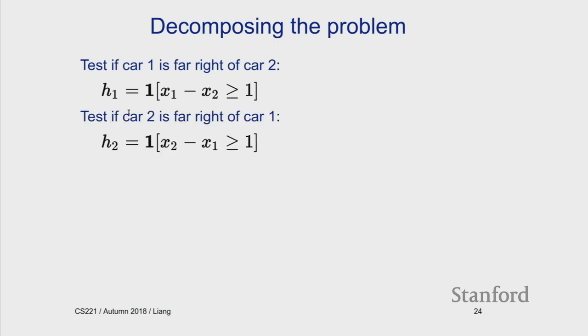We can also test if car 2 is to the far right of car 1. Just flip x1 and x2, and we're going to declare it to be safe if at least one is true. So you look at h1 and h2, both of them are 0 or 1, and if at least one of them is 1, then we're going to predict 1. If both are 0, I'm going to predict minus 1.